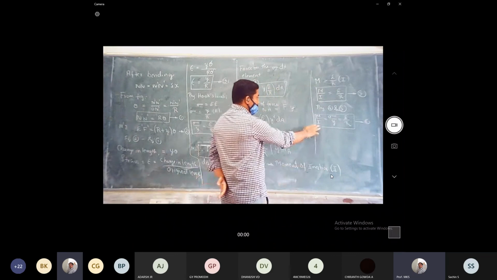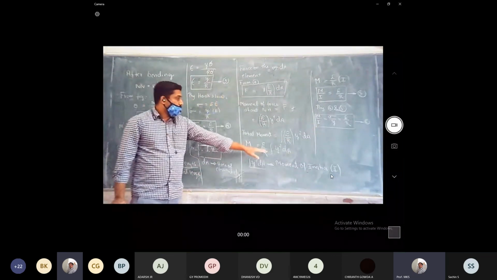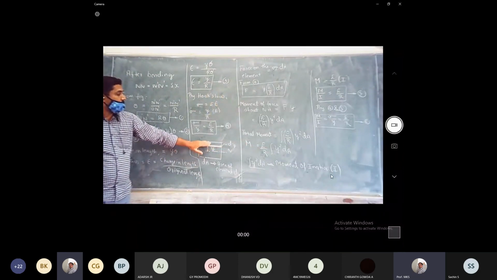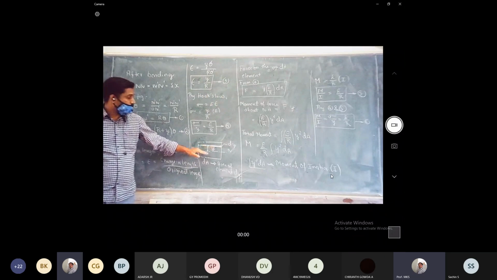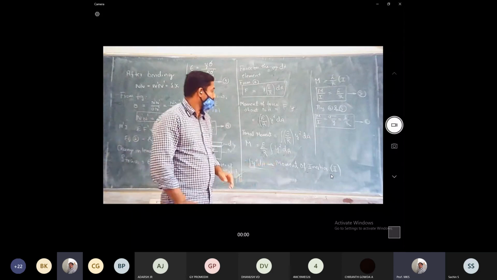I is the moment of inertia. Moment of inertia is nothing but the moment of area of all the layers with respect to the neutral axis.